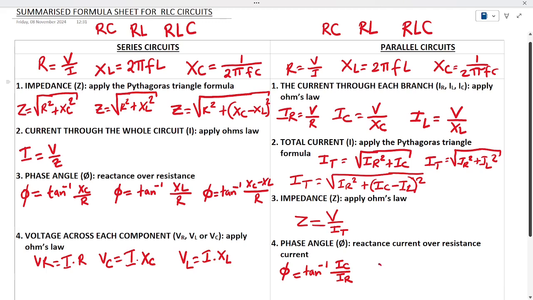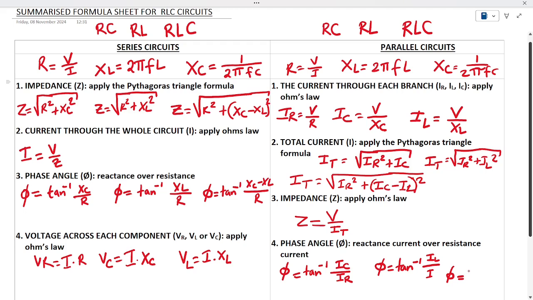Now, how do you calculate the phase angle when you are dealing with RL circuits? You do tangent to the power minus 1 multiplied by IL over IR. Now, how do you calculate the angle when you are dealing with RLC, all the three combined?